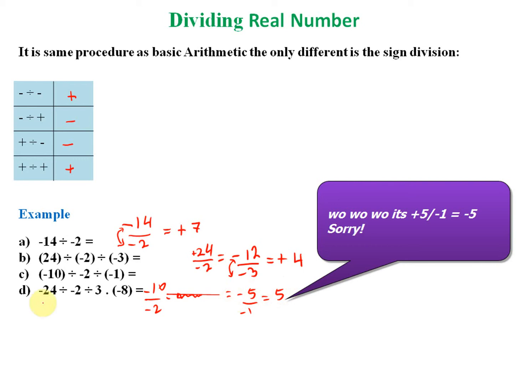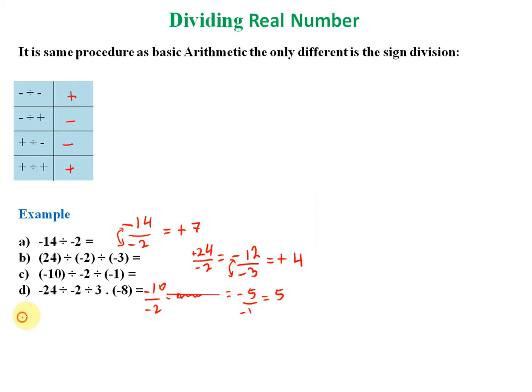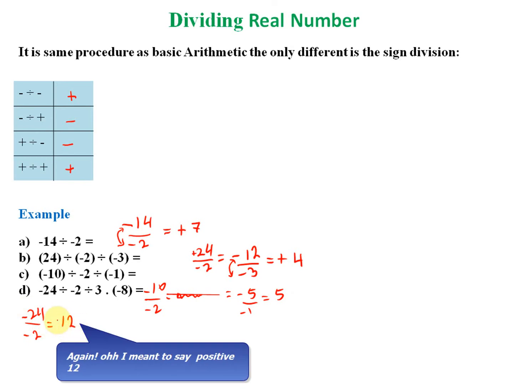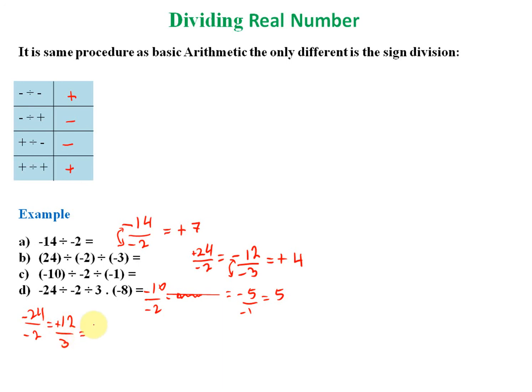So let's have a look at the last one. 24 dividing by negative 2 would be a negative 12, dividing this one by positive 3 would give me a negative of 4. We multiply this one by a negative 8, so this negative 8 would give me a positive of 32.